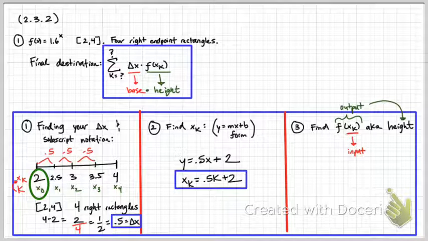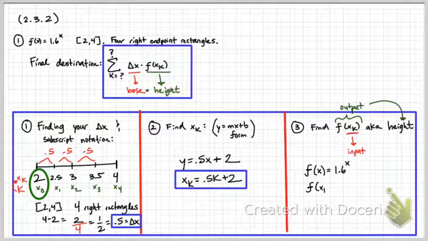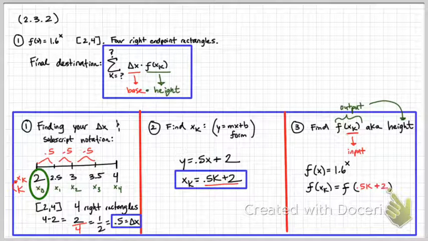So let's see how this works with this function. This function is very different than the one we did in class. It's an exponential. So f of x equals 1.6 to the x. Well, we're not finding f of x, we're finding f of x of k, which is actually just f of parentheses. We know that our x of k is equal to 0.5k plus 2, so it'll be f of 0.5k plus 2.